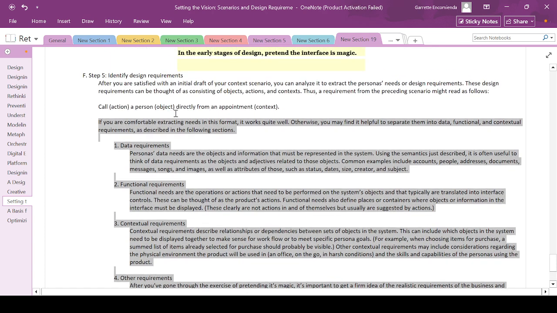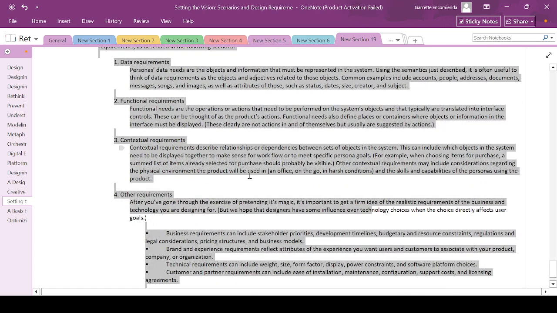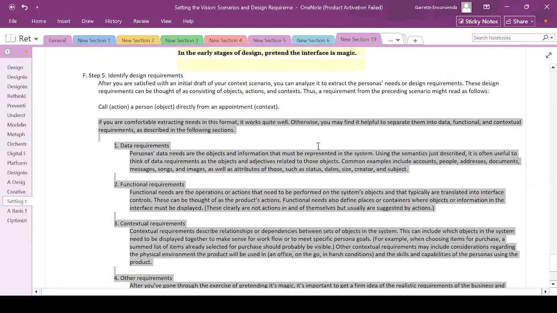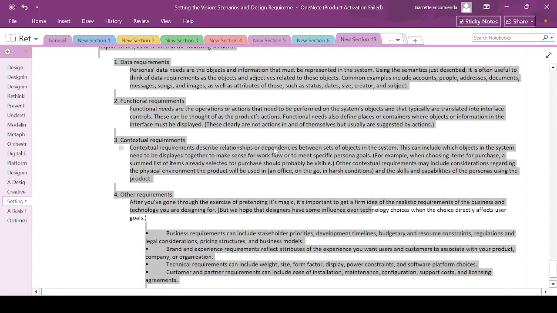So these people are grouped in this appointment context, or appointment space or pane in the mobile phone. This can include which objects in the system need to be displayed together to make sense for workflow or to meet specific persona goals, like this appointment. You'll want to combine those objects that are related, such as call, text, etc.